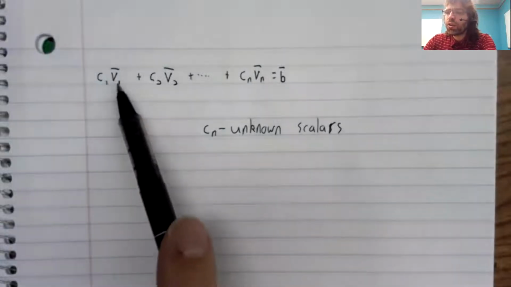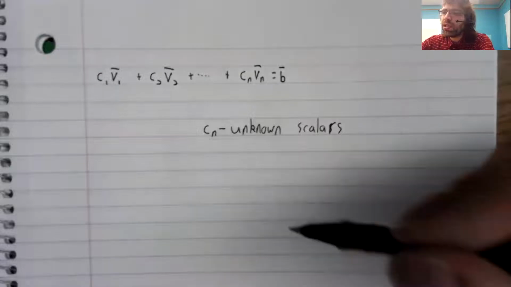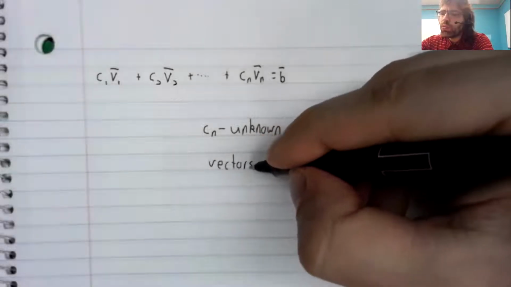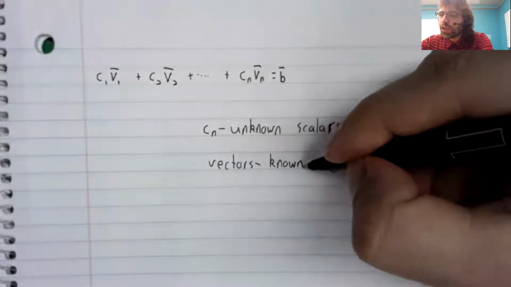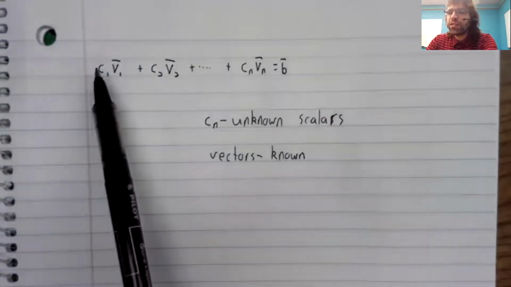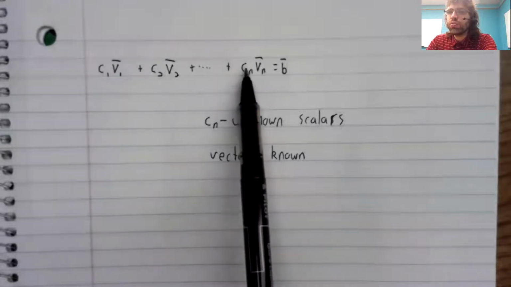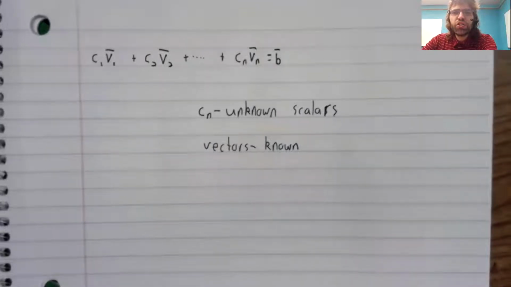And these vectors, V1 up to Vn and B, are all known. And your goal is to find the scalars C1, C2 up to Cn that make this equation true.